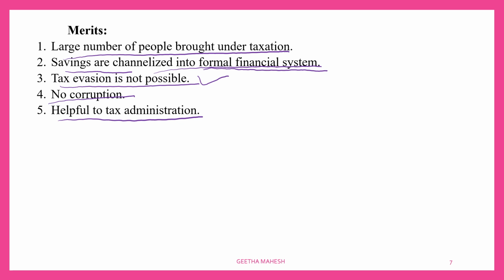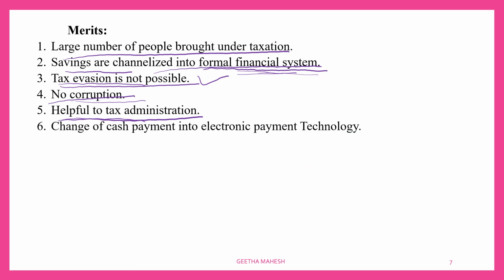To deposit their old currency, they need to deposit through accounts and they have to transact through banking accounts. Everything was channelized into the formal financial system. Because of this, they are not able to escape from tax, and corruption was avoided to the maximum extent, which is helpful to tax administration.